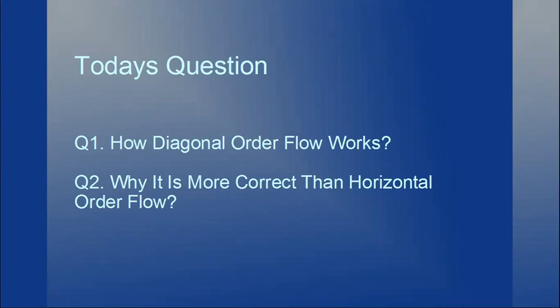Now there are some advantages to comparing the buyers and sellers diagonally, and it is actually the correct way to do things. But let us see how the mechanics work so that you understand why we should be comparing diagonally, and if at all you are getting horizontal comparison charts, how we can still use them to our advantage.